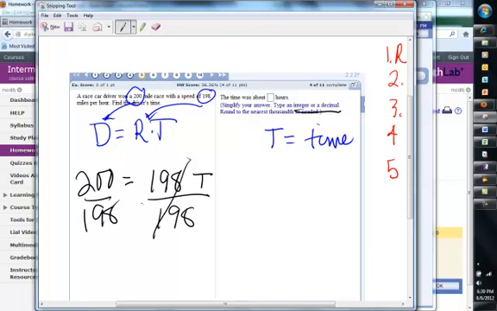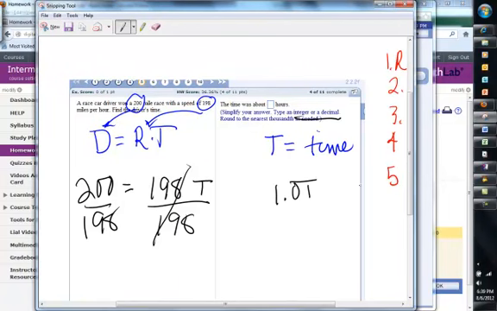And we get 100 over 99, but it wants it as a decimal, not as a fraction. So my calculator says 1.01. That means that the 0 and the 1 are repeated over and over again, so it's actually 1.0101... It wants it to the nearest thousandth.